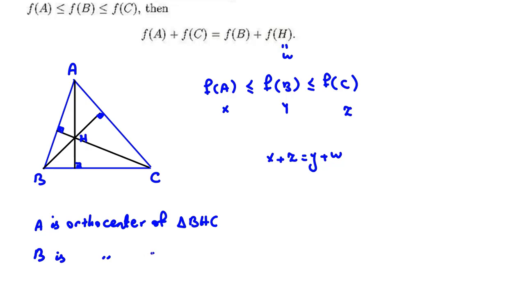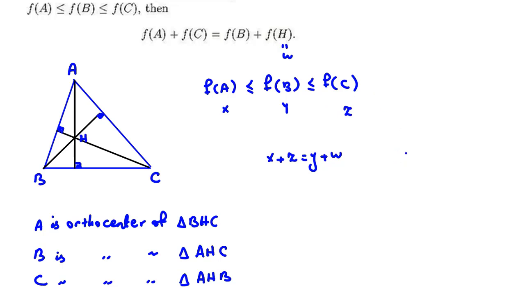Similarly, B is also the orthocenter of triangle AHC, and C is also the orthocenter of triangle AHB. Okay, now here I say X, Y, Z, W. W can be here, it can be here.